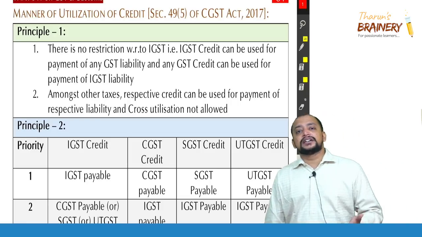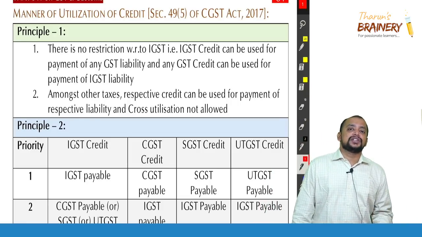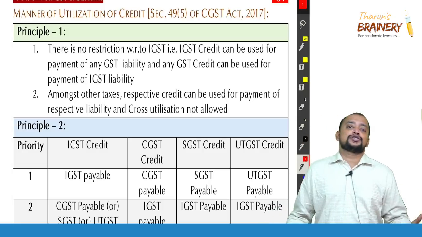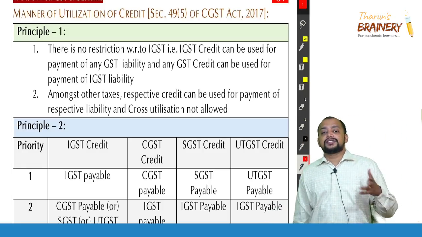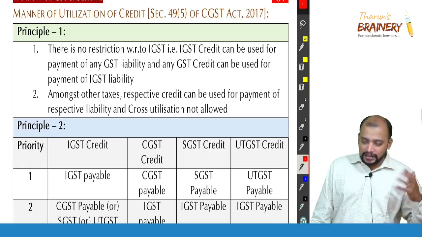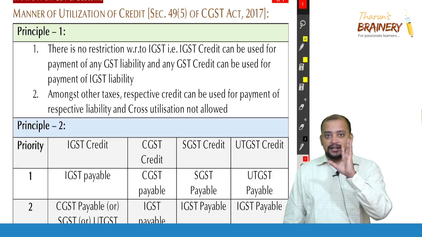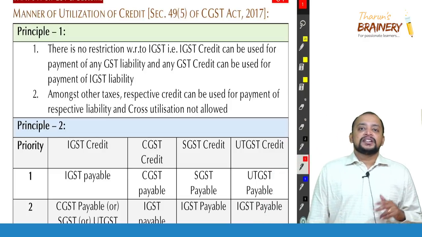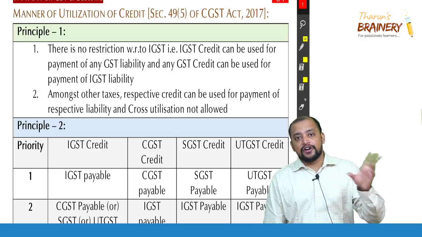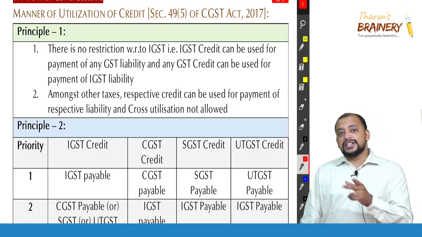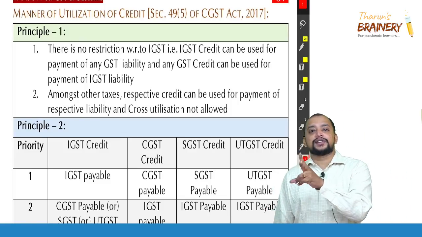Whereas the remaining credit, CGST, SGST, UTGST, cross utilization is not possible, so it will be adjusted only with the respective liabilities. So simply remember that IGST is like a person, a male, and CGST is like the wife of that person, and SGST, UTGST is like the parents of that person.